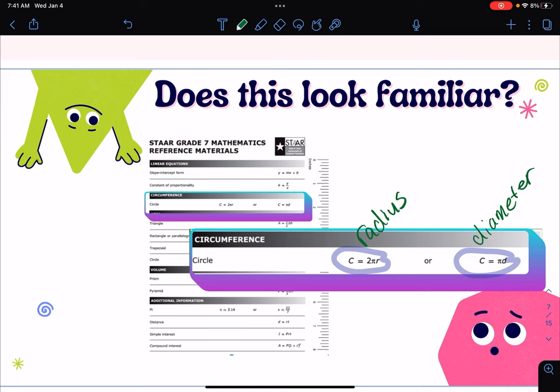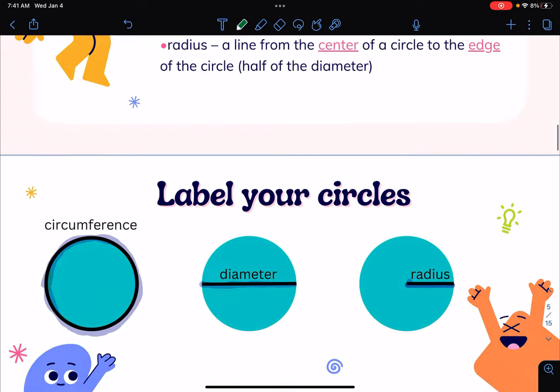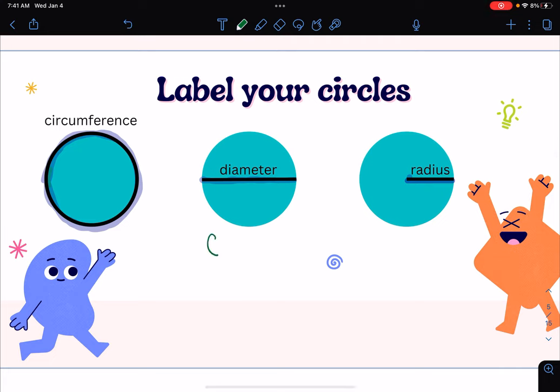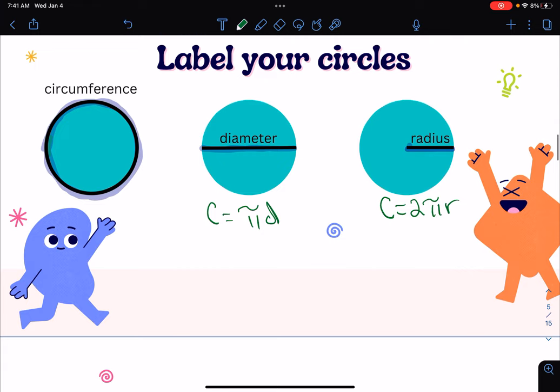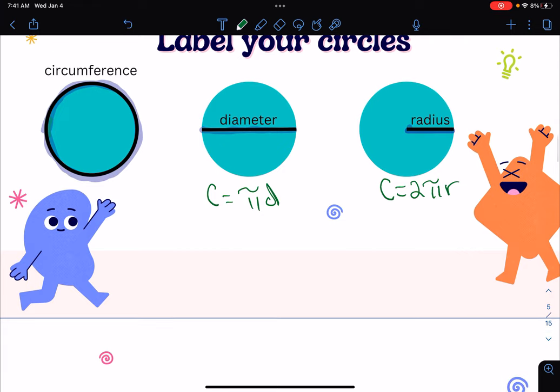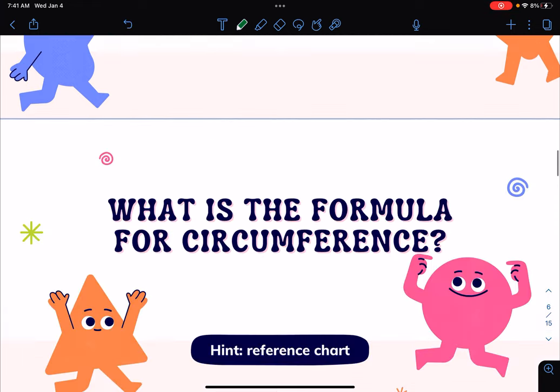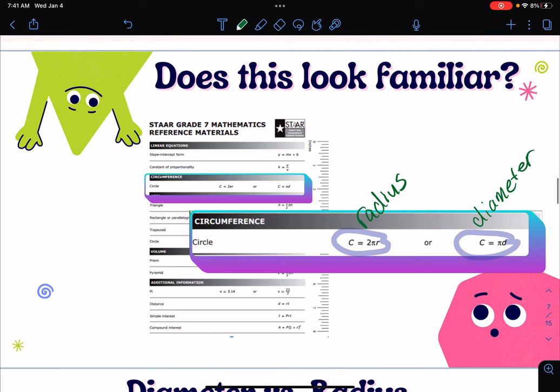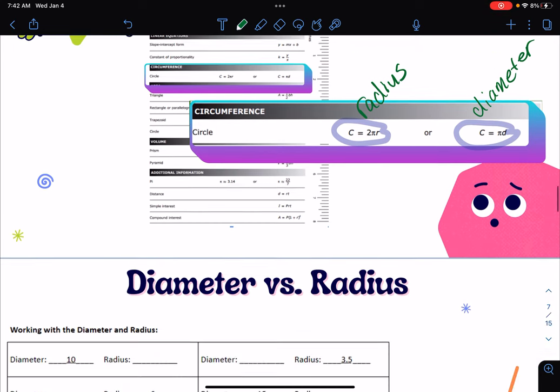So underneath the circle that is labeled with diameter, you could write C equals pi times diameter. And the one that's labeled with radius, you can write C equals 2 pi r. Okay? And so then you know those would be the formulas you use. So whether the problem gives you diameter, you're going to use your diameter formula, or if it gives you radius, you would use your radius formula. Okay?